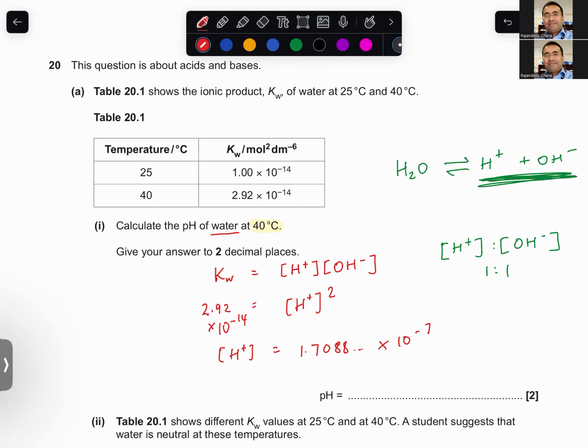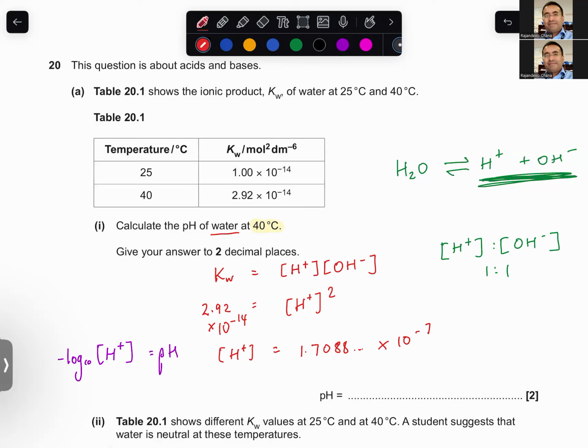So whenever we're doing any kind of pH calculation, we always use the expression minus log to the base 10 of the H plus concentration. Minus log to the base 10 of the answer.